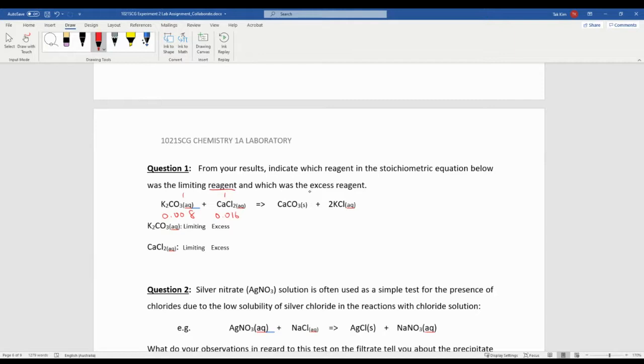This one has a smaller number of moles in comparison with calcium chloride. You only need 0.08 moles of each to establish a complete stoichiometry. Because of that, the limiting reagent will be potassium carbonate, and calcium chloride should be the excess reagent.